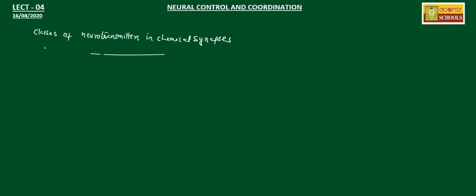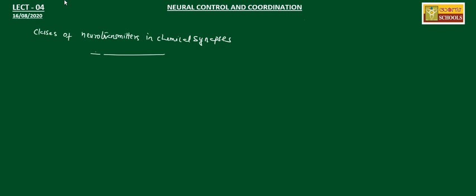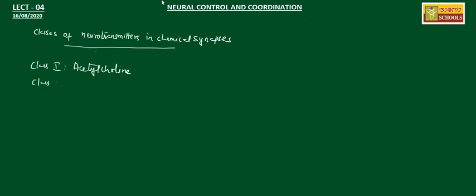The first one, class 1, is acetylcholine. Then class 2 includes amines.